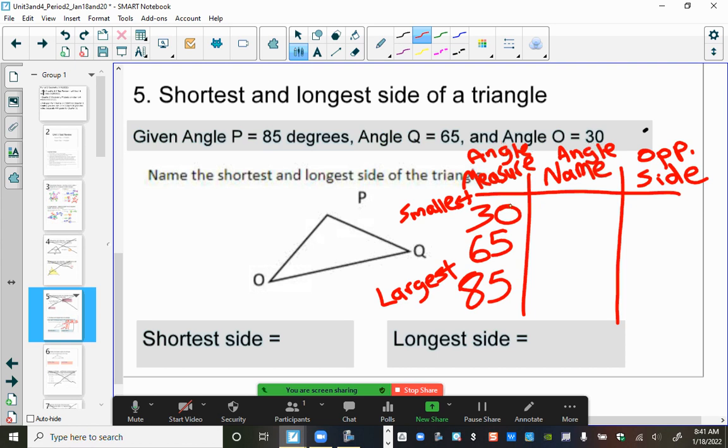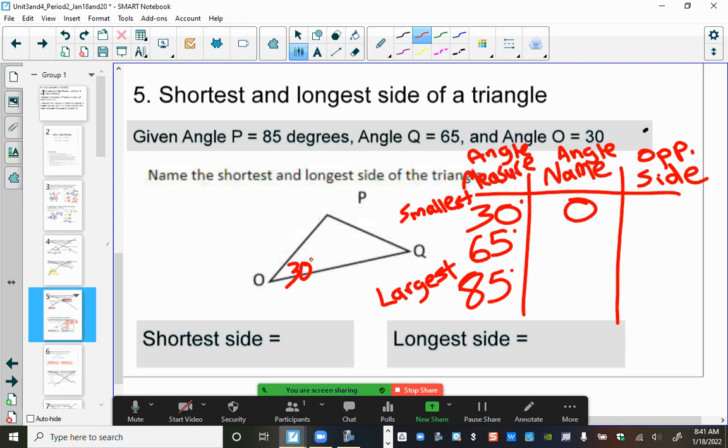Given those were the angle measures, we're going to look at our angle names. For the 30-degree angle, what letter was it? O. Since 30 degrees was angle O, what two other letters of the triangle did we not yet use?